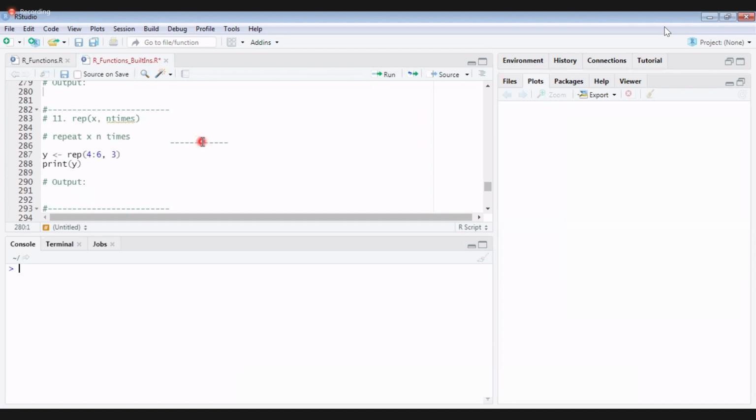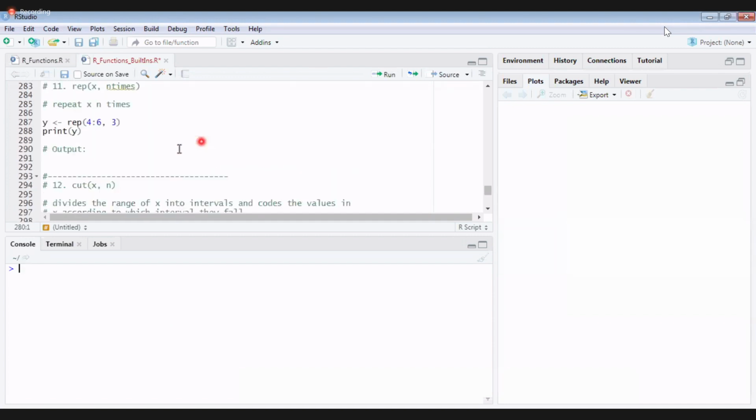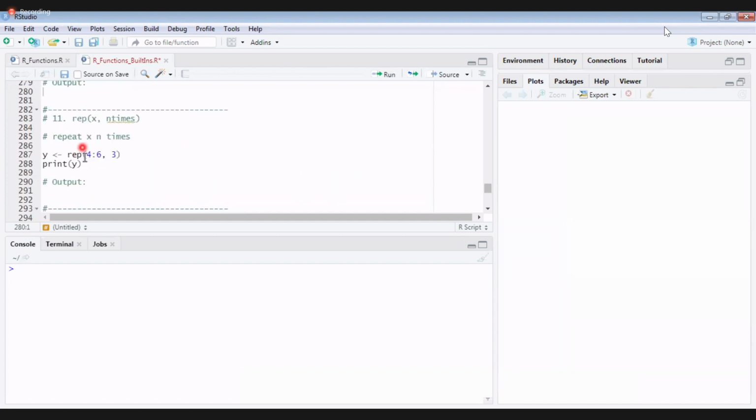Next is repetition. This repeats. Can you guess the output of this function? 4 will repeat 3 times, 5 will repeat 3 times, 6 will repeat. But in what order?